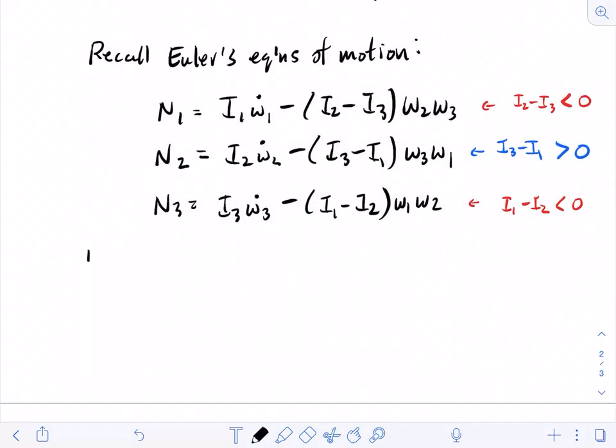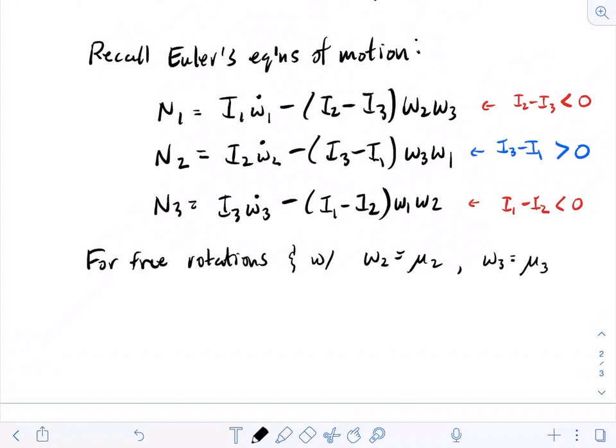Okay, so for free rotations, and with omega 2 equal to mu 2 and omega 3 equal to mu 3. Changing the notation from omega 2 to mu 2 and omega 3 to mu 3 is just to remind us that the components of omega along the second and third principal axes are small.